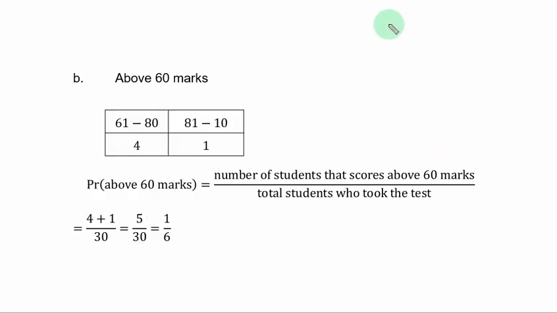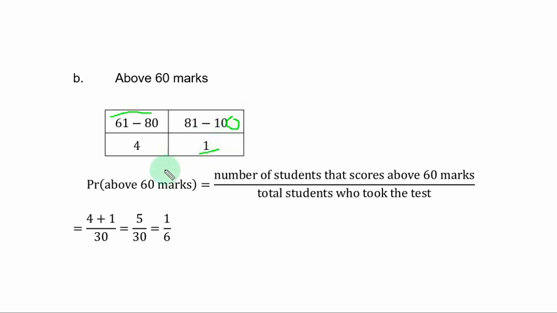B part of the question, you are asked to find the probability that a student selected at random scored above 60 marks. From the table, those that scored above 60 marks range from 61 to 80, they are 4, and 81 to 100, just 1 person.